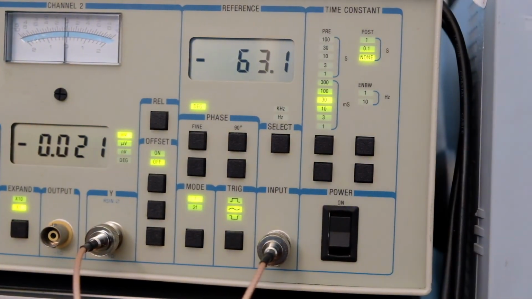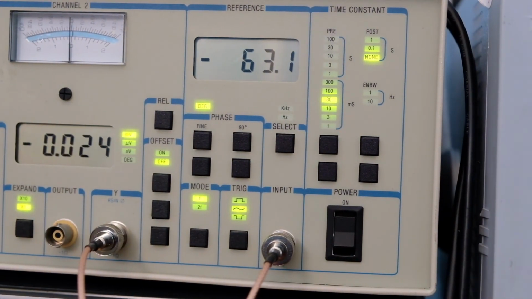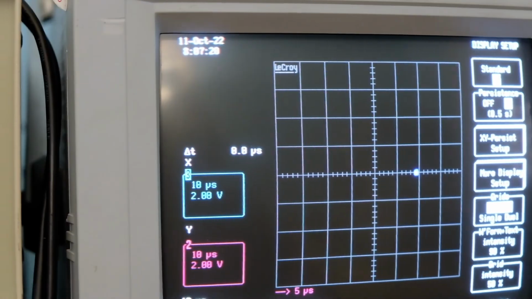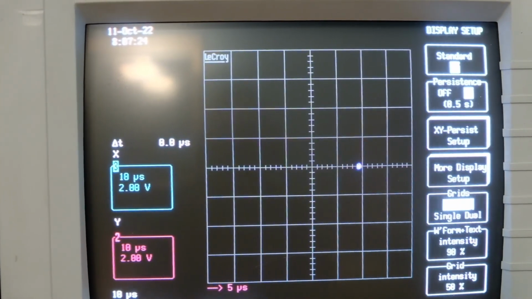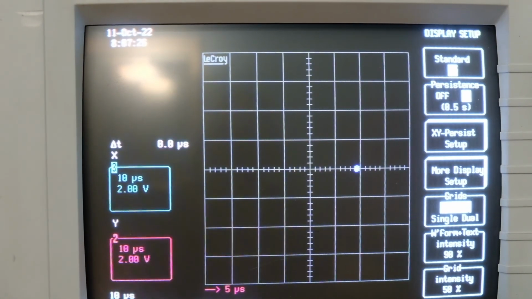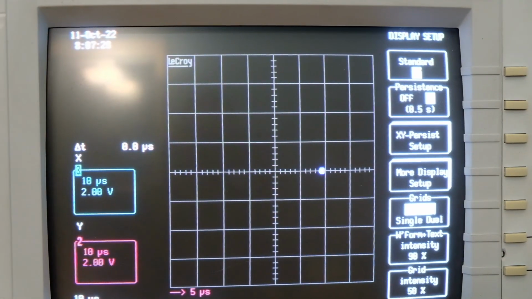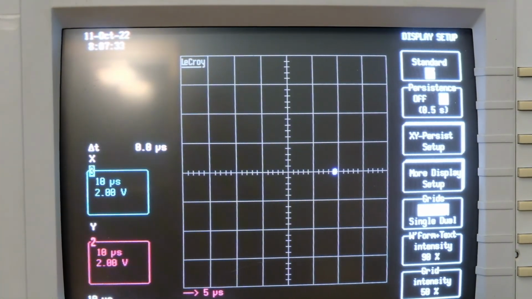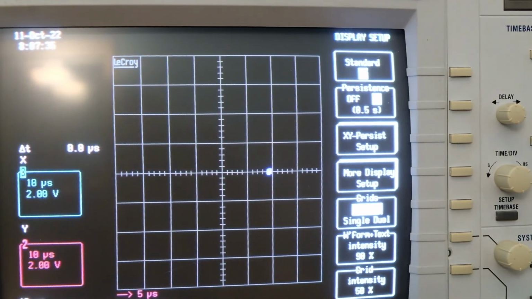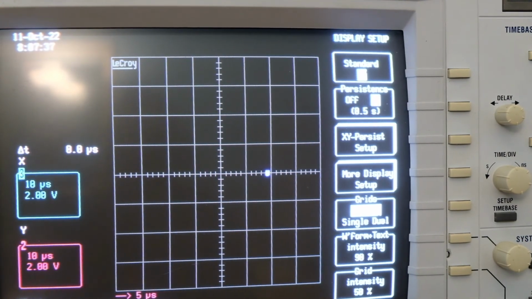And I put in a reference phase of minus 63 degrees to bring the output to 0 on the Y axis. So you can see it's around 0.7 to 0.8 on the X axis, but 0 on the Y axis. Now this is of course clean with the maximum filter time constant.